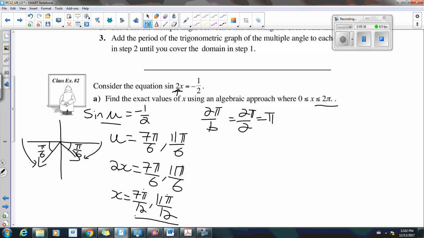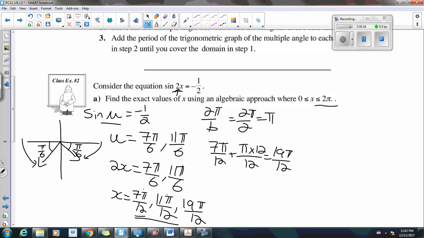So if I add pi to this solution, 7 pi over 12 plus pi is going to give me 19 pi over 12. If you're confused how to do that, you can make a common denominator. So 7 pi over 12 plus pi, I can make a denominator of 12. Add these up: 7 pi plus 12 pi is 19 pi over 12.